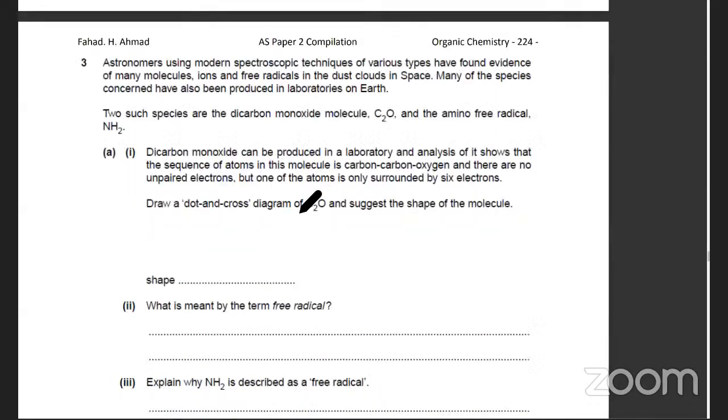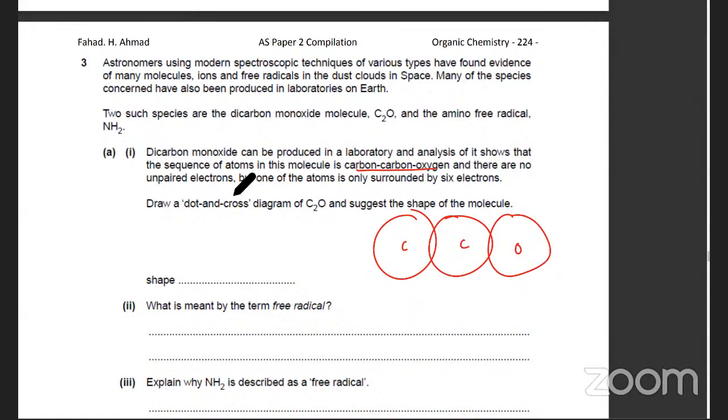You have to figure out the shape of a dot-and-cross diagram of C2 and suggest the shape of the molecule. He's saying dicarbon can be produced in the laboratory, and analysis shows that the sequence of atoms in this molecule is carbon, carbon, oxygen. There are no unpaired electrons, but one of the atoms is only surrounded by 6 electrons.